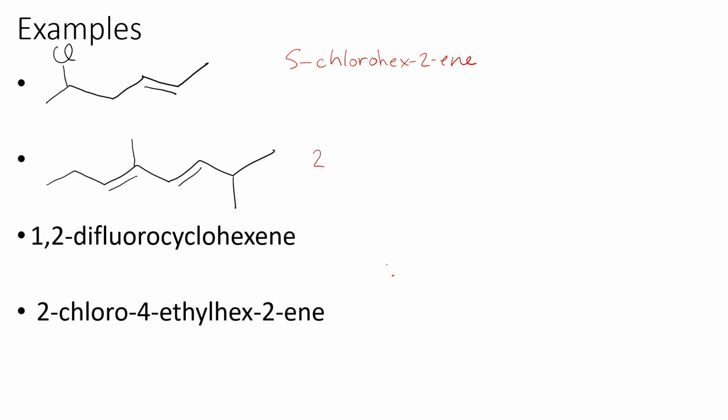Our second one would be 2,5-dimethylocta-3,5-diene. You'll notice with this one, we are again still separating numbers with commas, and using hyphens between letters and numbers.